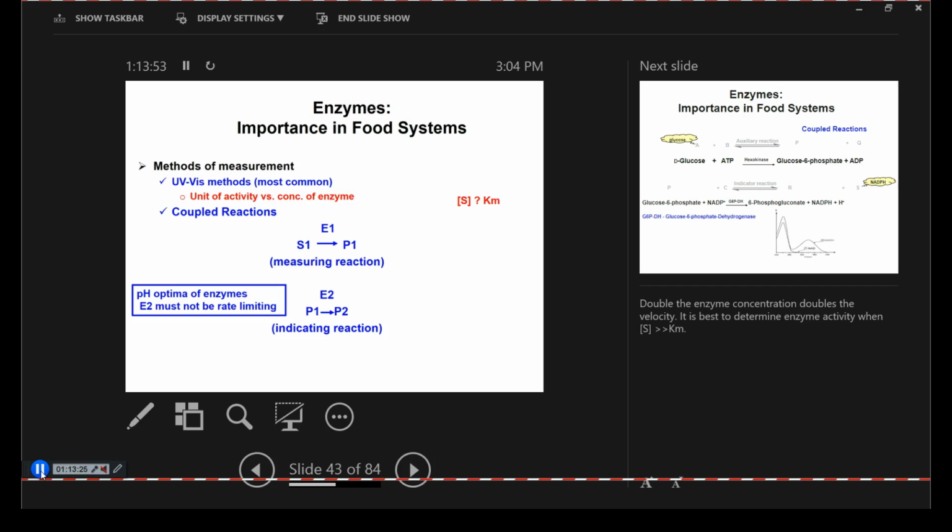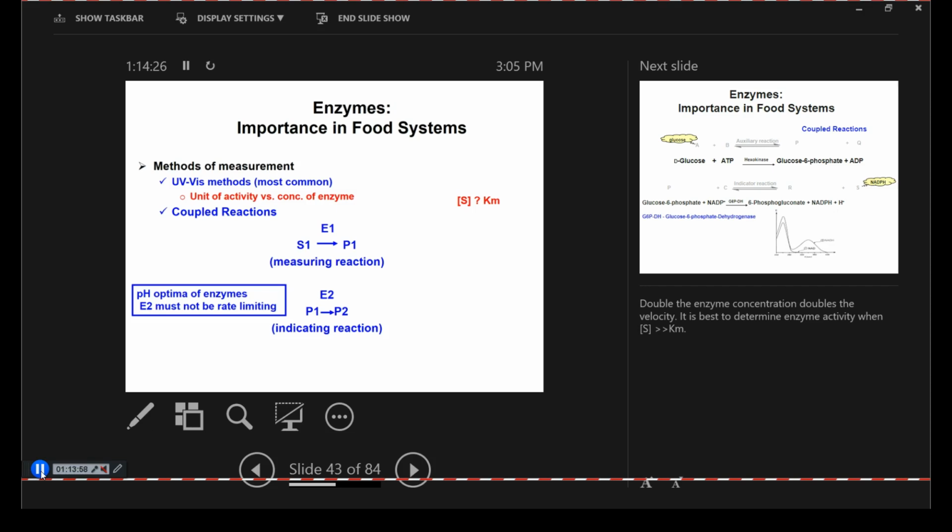Oftentimes, another thing that is important to know is sometimes you need a coupled reaction for measuring a specific activity or a specific substrate. So it's not always one reaction, sometimes it's coupled reactions. With coupled reaction, what we mean is that you have the first reaction, which we call the measuring reaction or auxiliary reaction, where your substrate of interest that you want to measure is converted by an enzyme to a product.